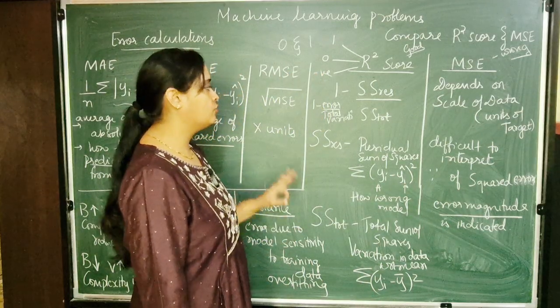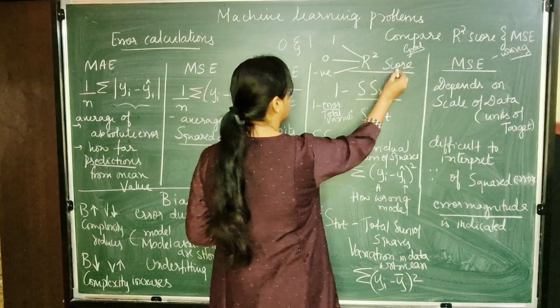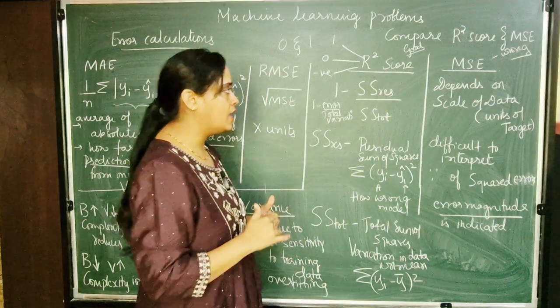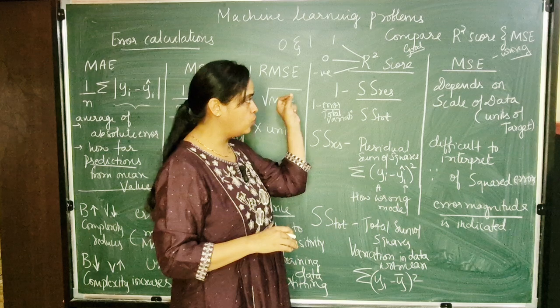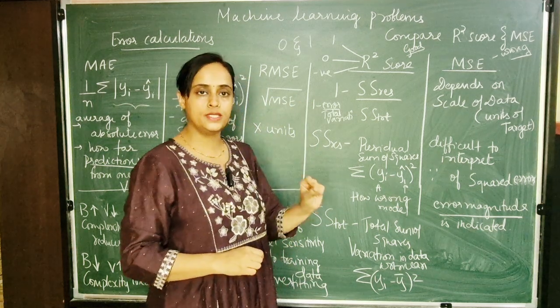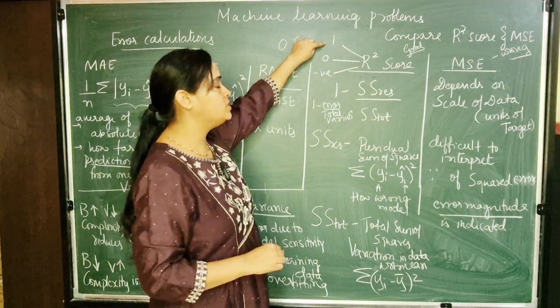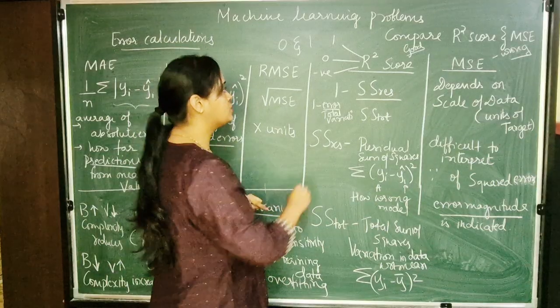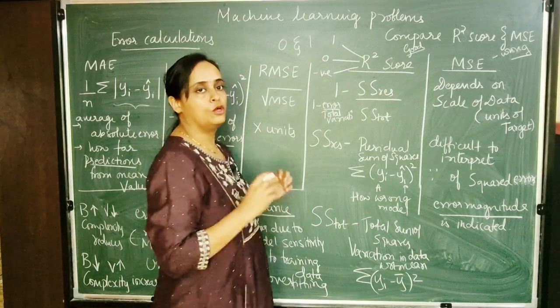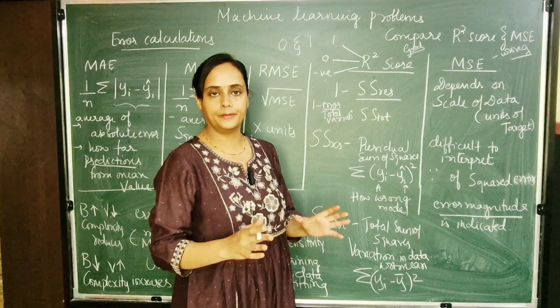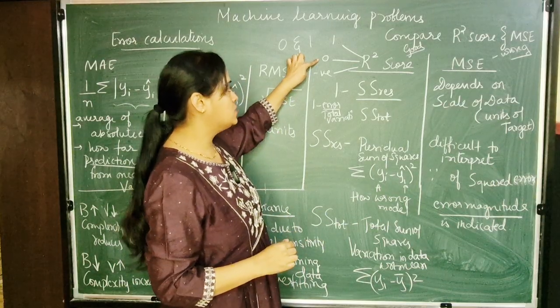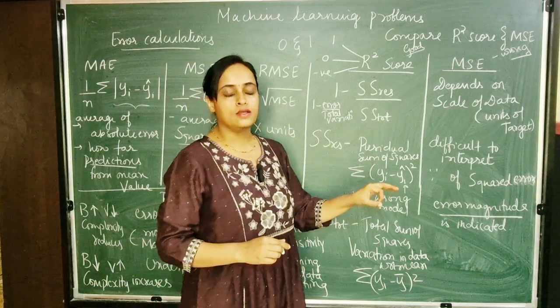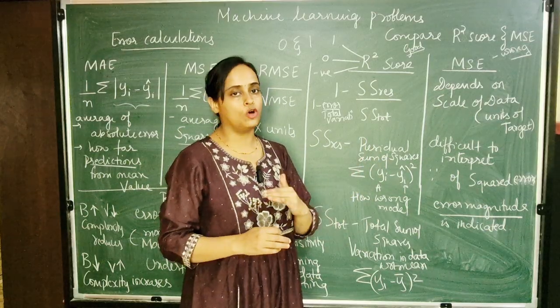Now let's understand the formula for R square score. R square score is a value which is not measured in units. Usually it is measured between 0 and 1. If R square is 1, that means the model performance is good. If R square is 0, the performance is not good.